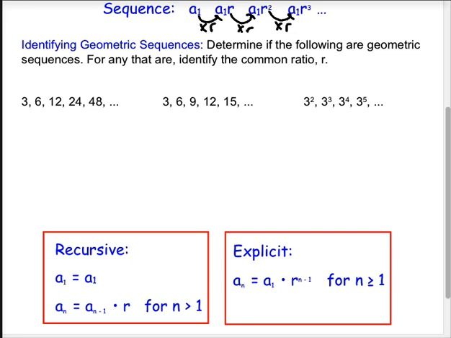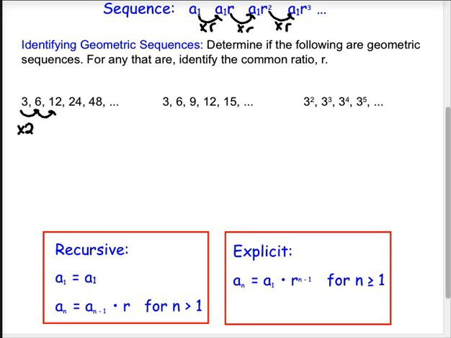All right, so let's see here. If we're checking to see if it's geometric, we need to see what we are multiplying by. Well, 3 times what gives you 6? You're multiplying by 2. Or you can also always check by taking 6 divided by 3. Take the next term, divide it by the current one, and that'll give you what you'd be multiplying by. 6 times what gives me 12?